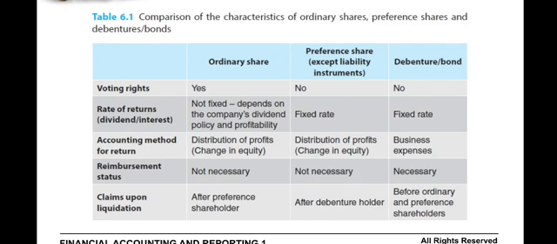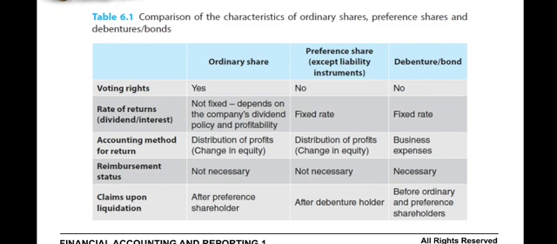Okay, and then how to record the return for the ordinary shareholder. When a company pays dividend to the ordinary shareholder, you have to record it as a distribution of profit. So you have to deduct the equity. You have to use the revenue reserve. When the company pays the dividend, the related account is the revenue reserve.